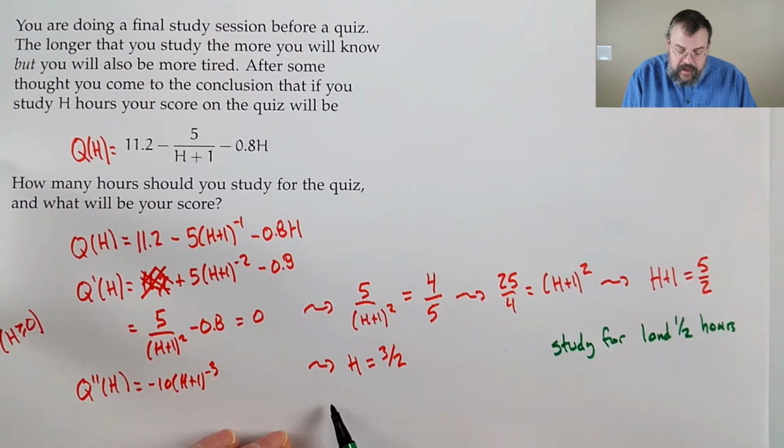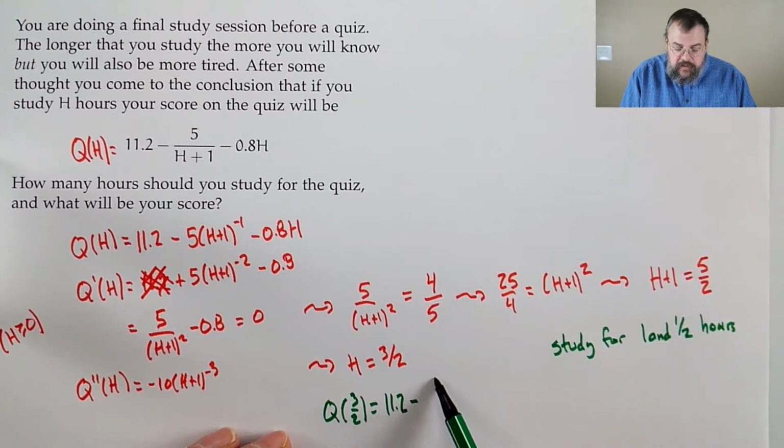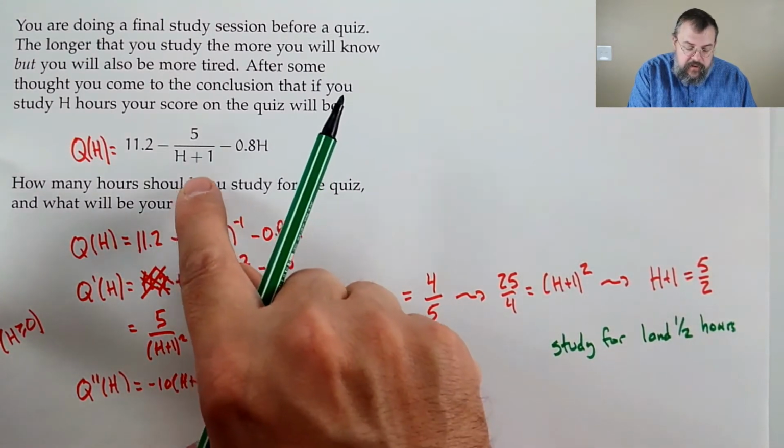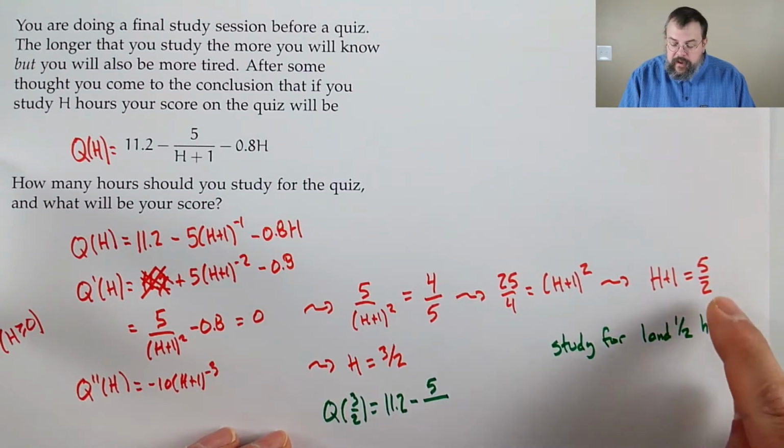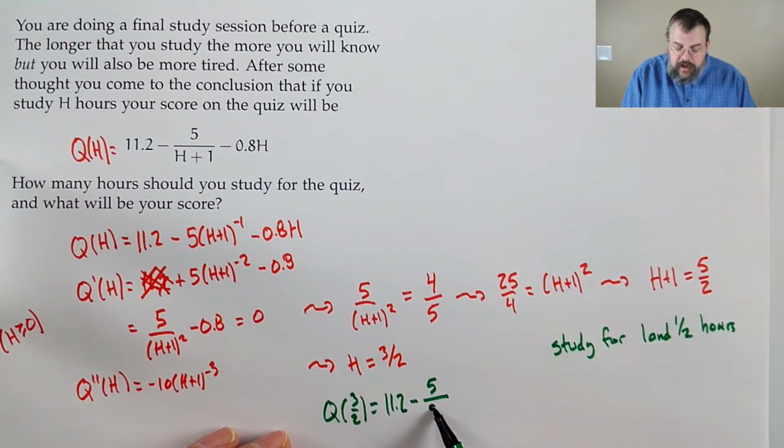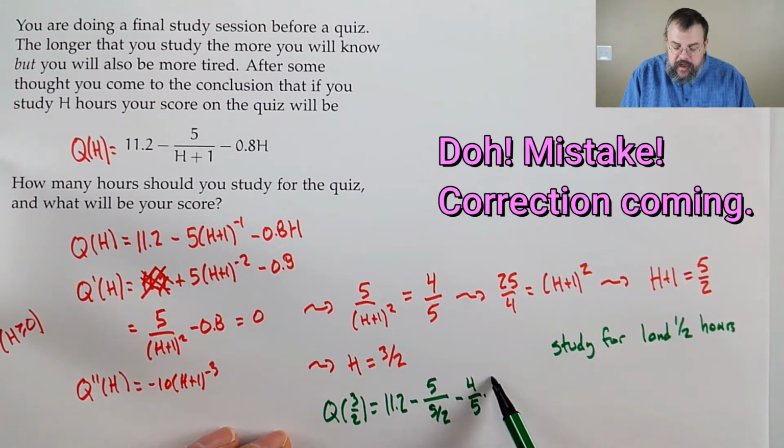Well, let's plug in our value here. Q of 3/2. So that would be what? 11.2 minus 5. Now downstairs it'd be h plus 1. Well, that's 5/2. So 5/2 minus 0.8, which we can already write as 4/5, times 5/2.